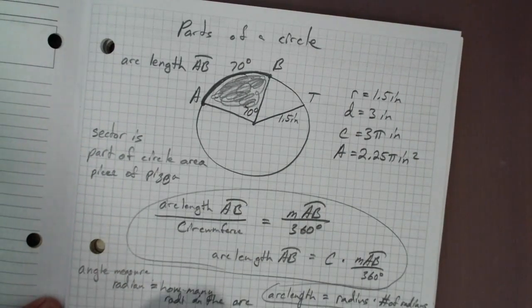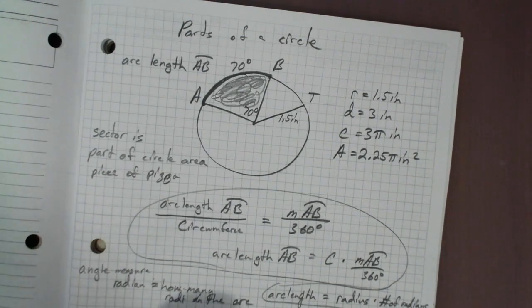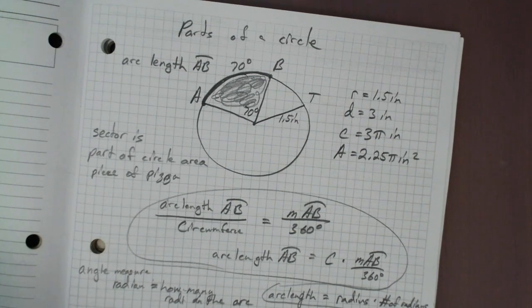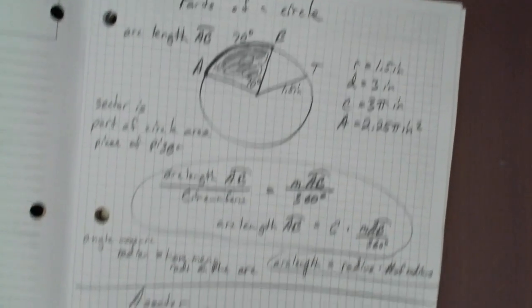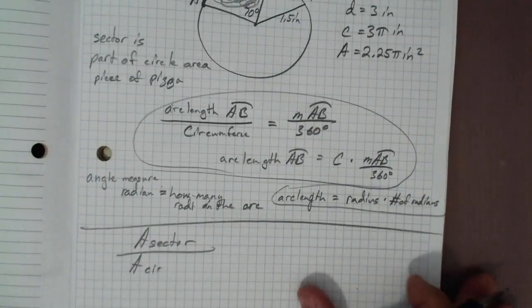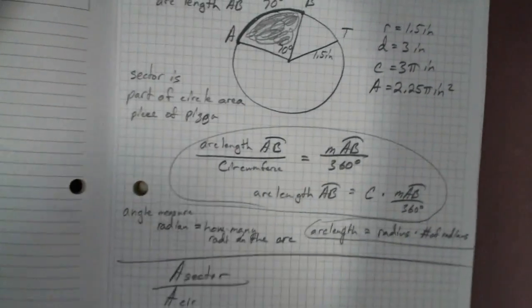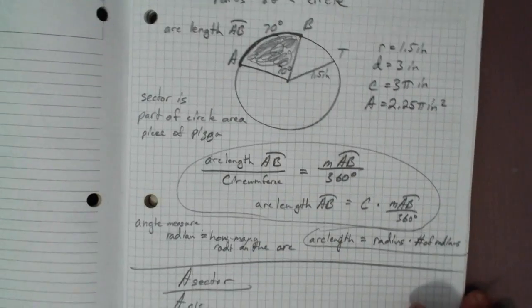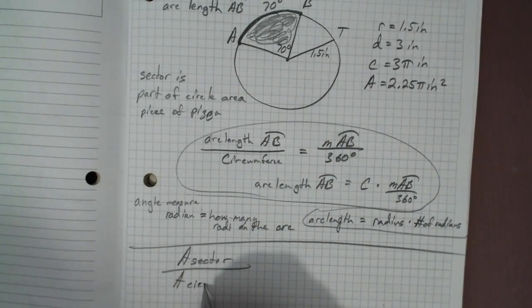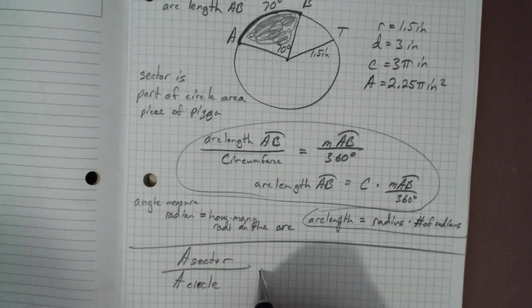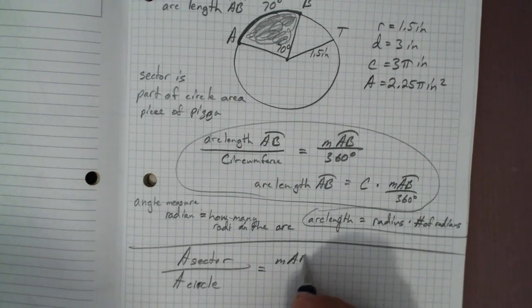So the area of a sector is going to be relative to the total area of our circle. Area of our sector, which is our piece of pizza, is going to be relative to the area of our circle as the measurement of the angle, again, is to 360 degrees.